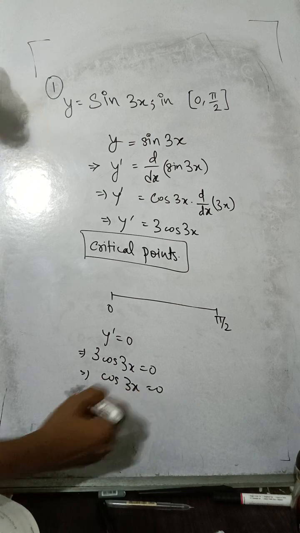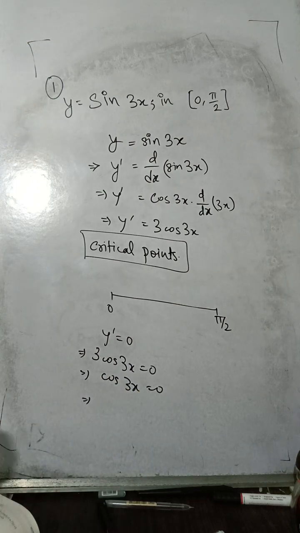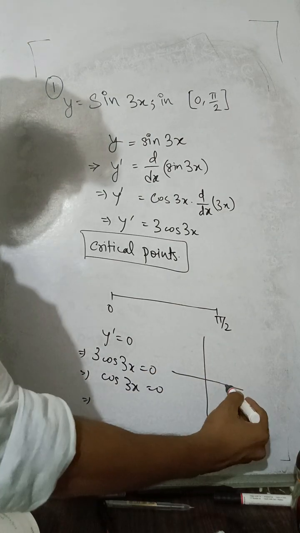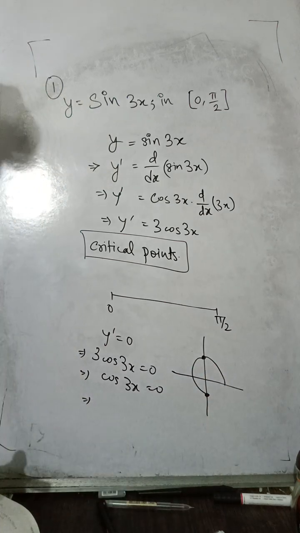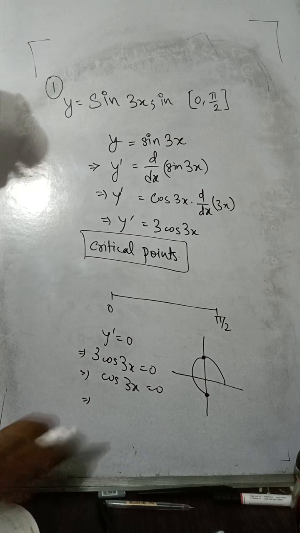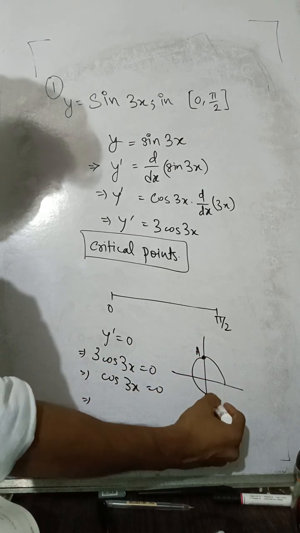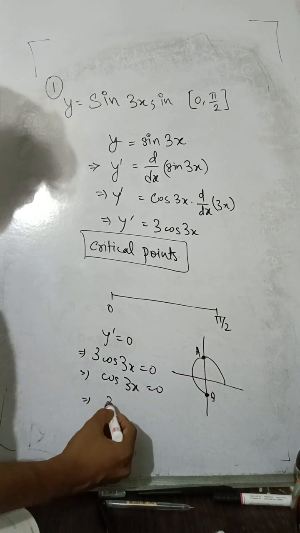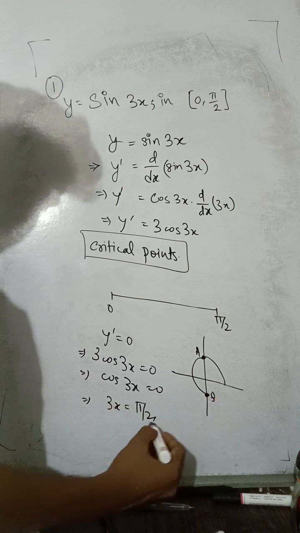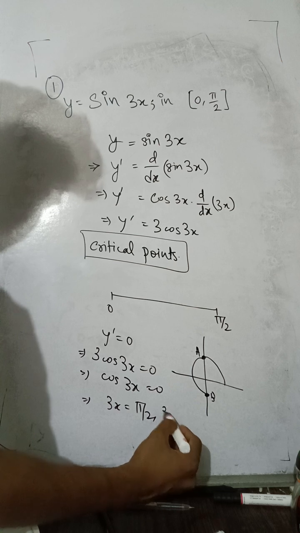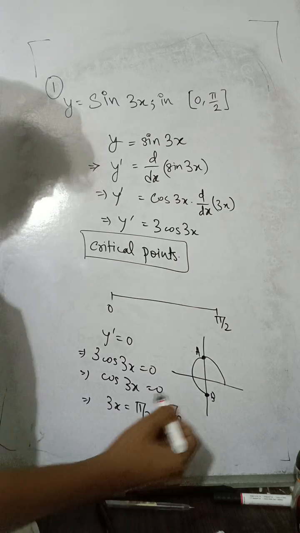So when is cos 0? Cos is 0 whenever we lie on the y-axis, right? Either here or here. If we lie here on point A, then our 3x should be 90 degree, that is pi by 2. If we lie on point B, 3x should be 3 pi by 2.